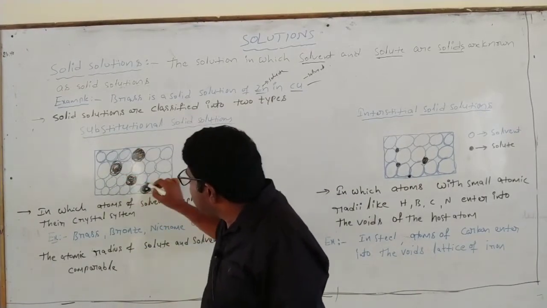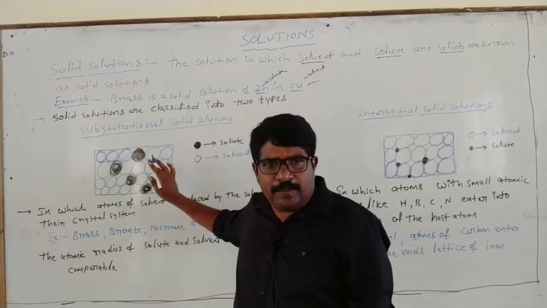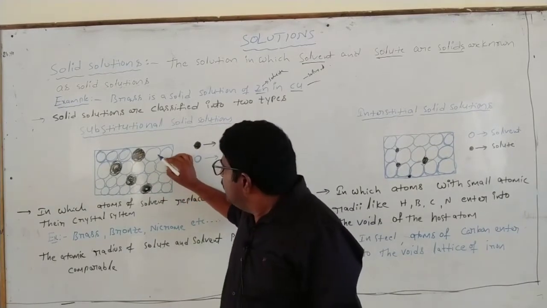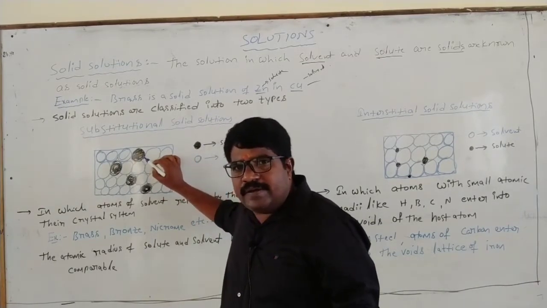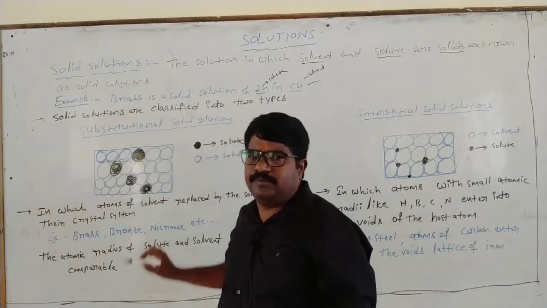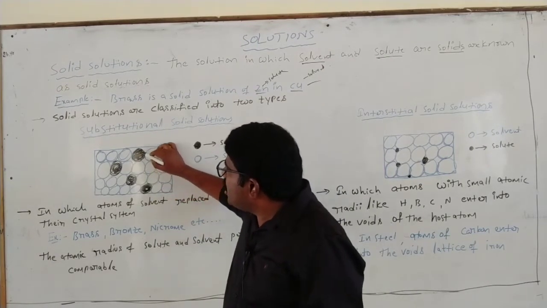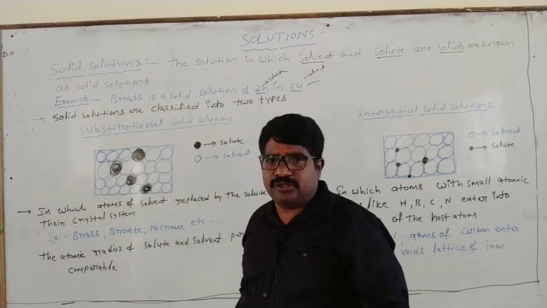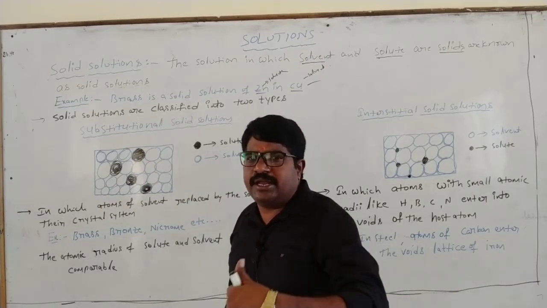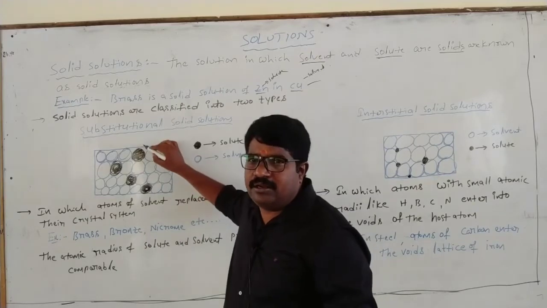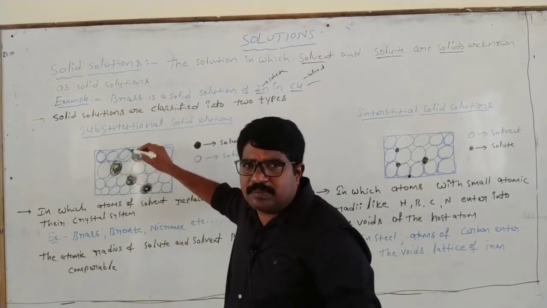Initially, all of these are solvent particles only, but in this system some of the solvent particles are replaced by solute. The solute particles enter in place of the solvent, occupying that position.